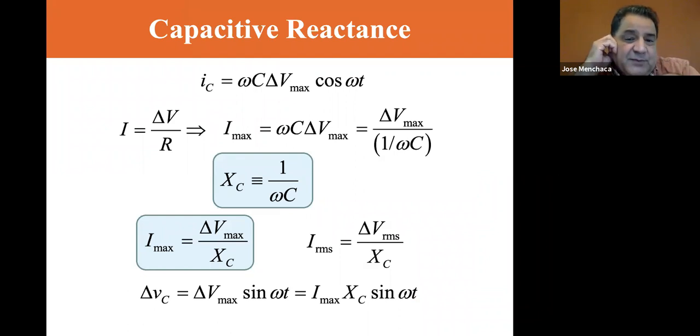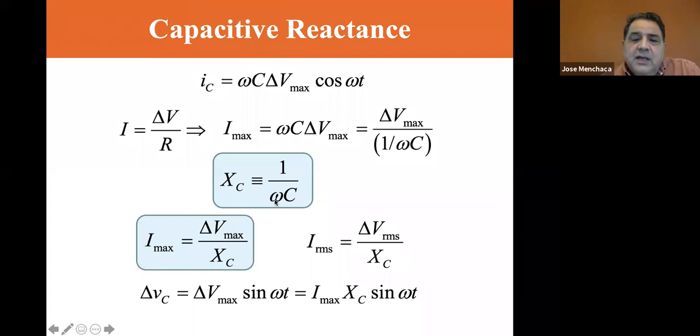As the frequency goes up, X sub C goes lower. So if f increases, X sub C is lower. Since X sub C is lower, as the frequency goes up, I max will increase.